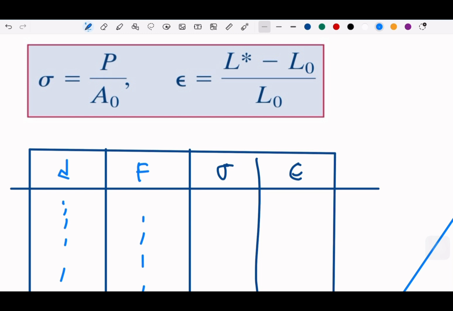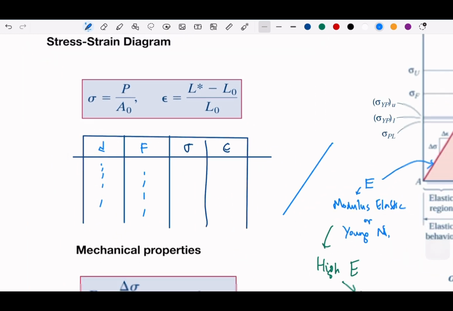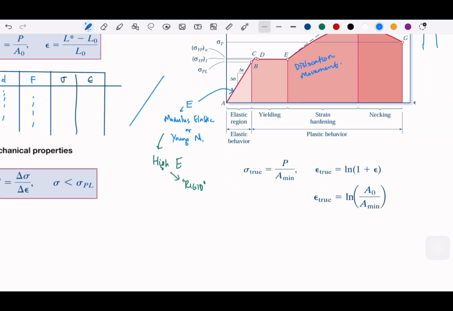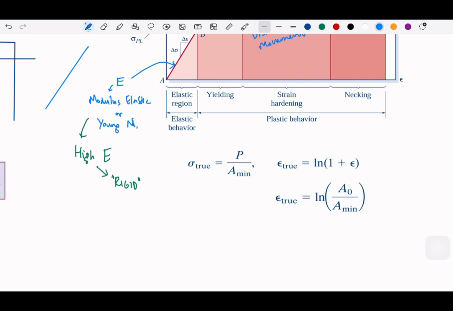Every time the area will change. So we need to make another curve which simulates the true stress and the true strain on that plastic behavior. We call that the true stress, the true strain. Okay.